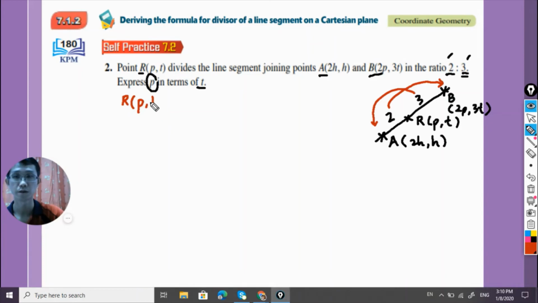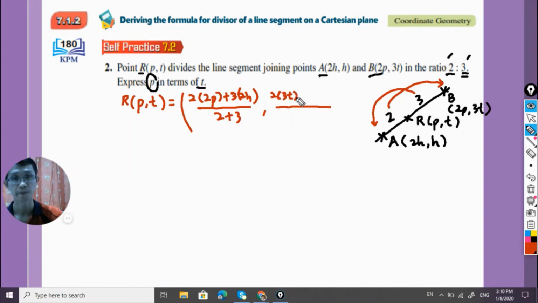So the coordinate x will be 2 multiplied by 2p plus 3 times 2h, over 2 plus 3. The coordinate y will be 2 multiplied with 3p plus 3 multiplied with h, over 2 plus 3.